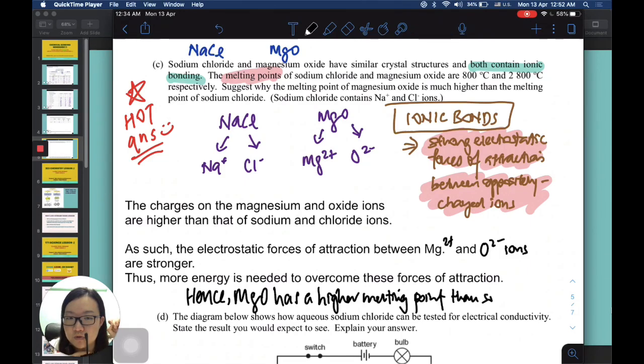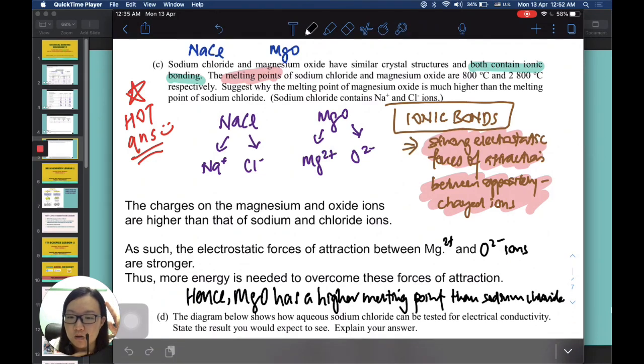Like I said, this question is slightly more higher order thinking. Of course, for pure chemistry students, this is what is expected. But for combined science students, if you can understand it, it's perfect.